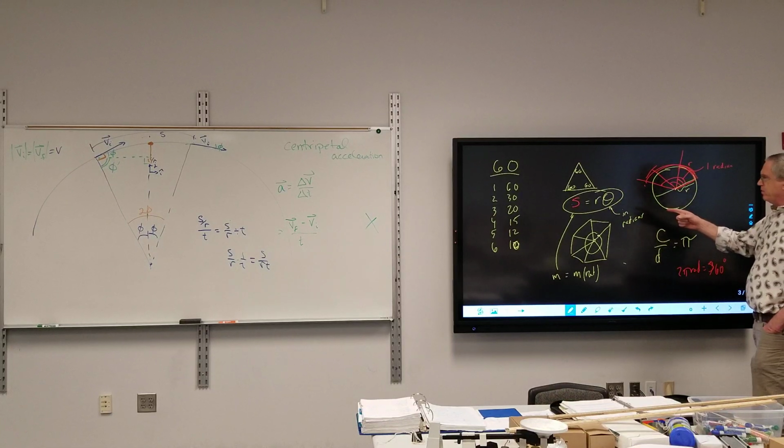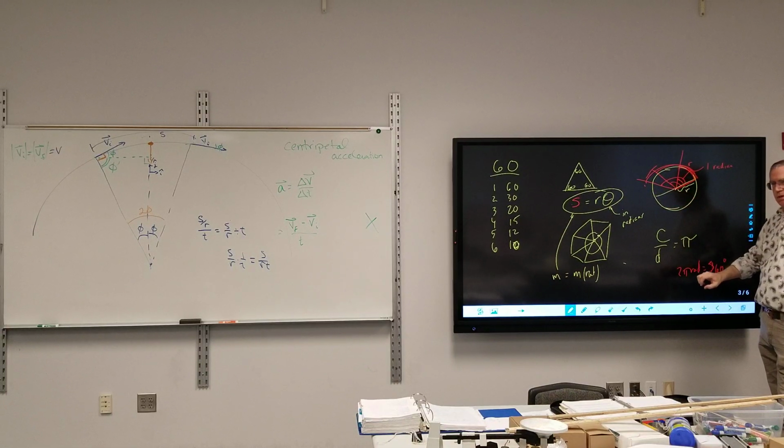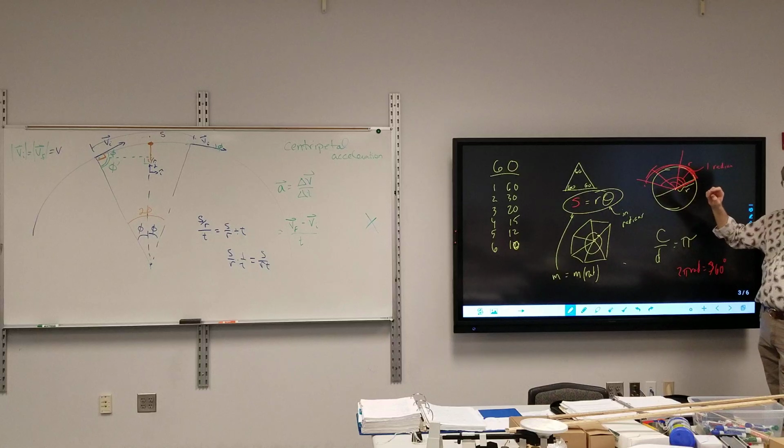This is the point where we get the relationship between the angle, the arc length, and the radius. Are you good with this? Good. Are you sure? You nodded, but it wasn't convincing. So it's SV divided by RT? Basically, yes.